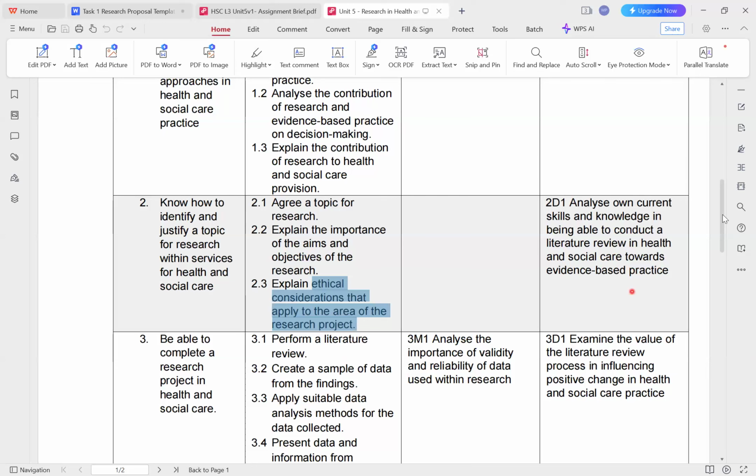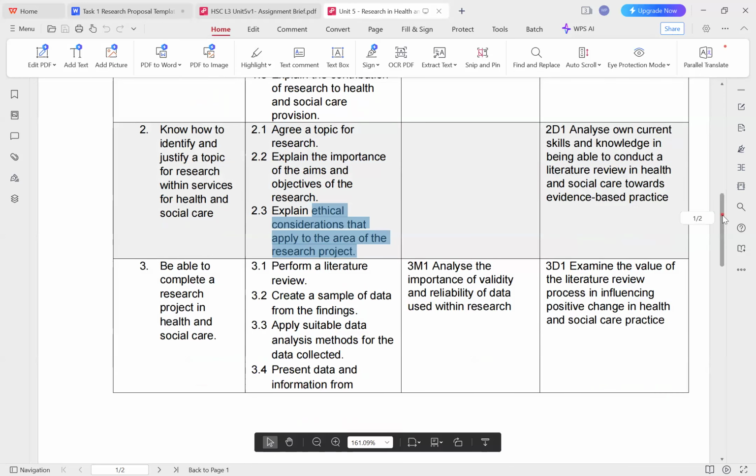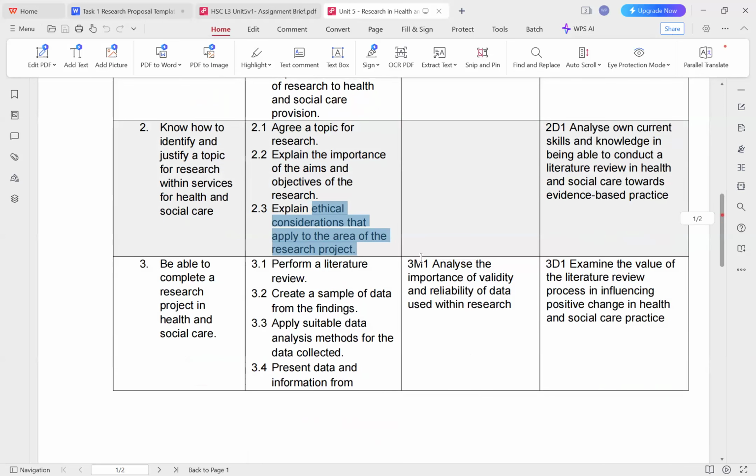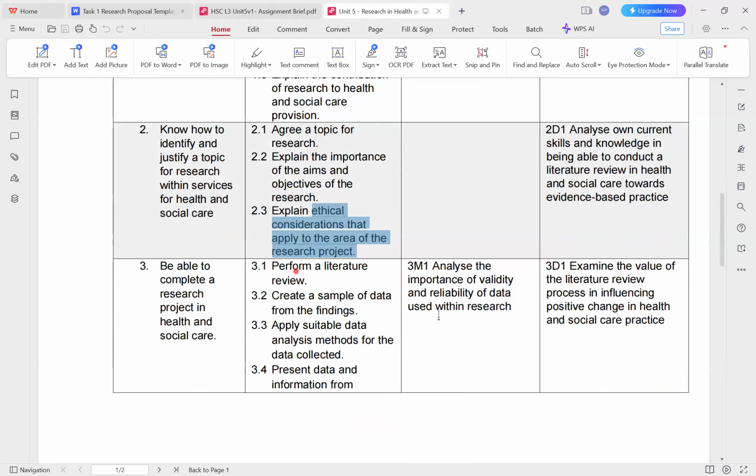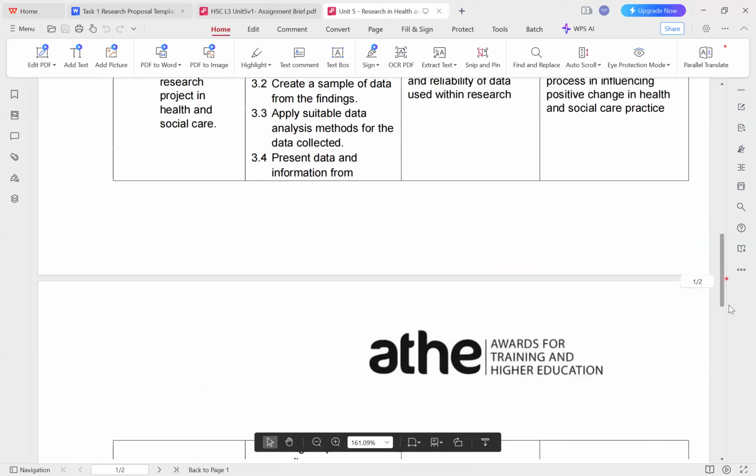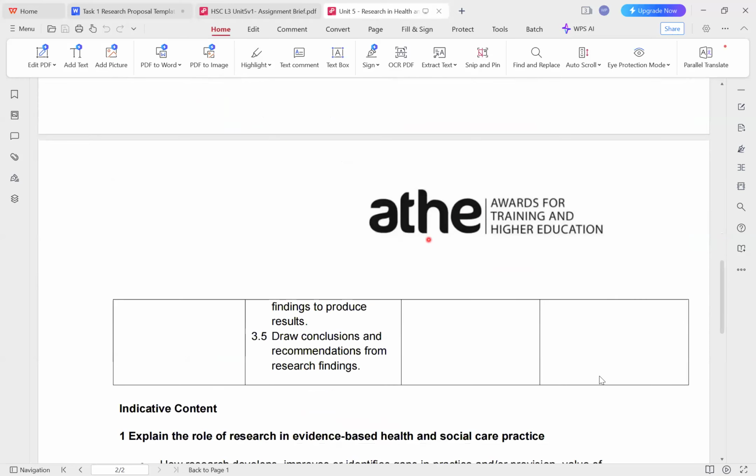And the third learning outcome is to be able to complete a research project in health and social care. So here you're performing a literature review, creating a sample of data from the findings, applying suitable data analysis methods for data collection and presenting data and information from the report that you have generated, or from the results. And then you're drawing conclusions and recommendations.